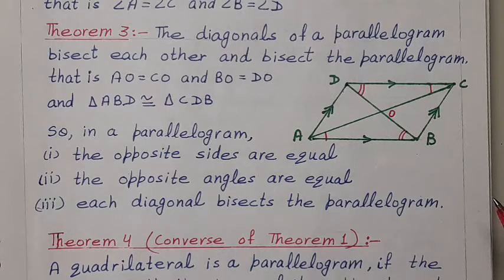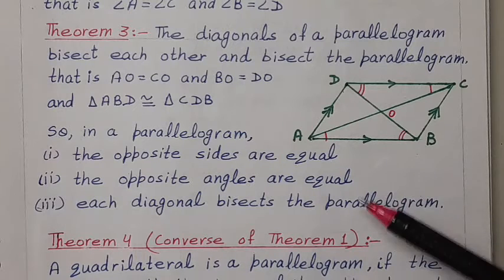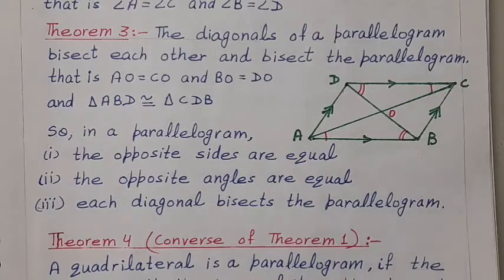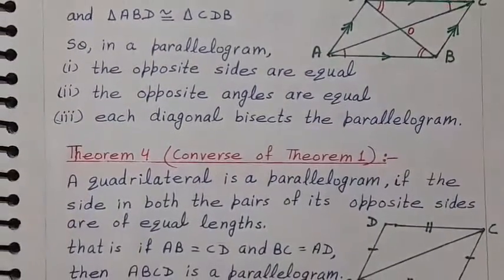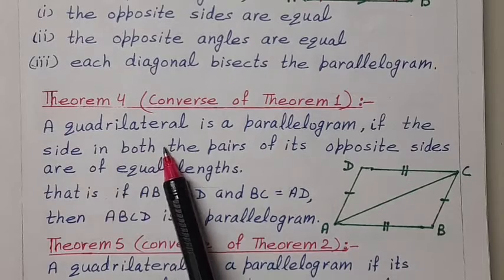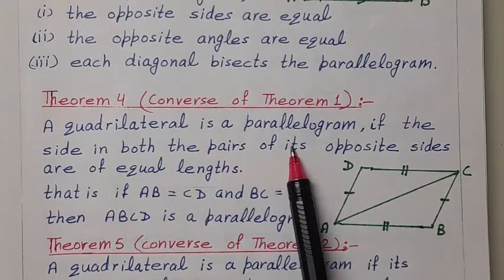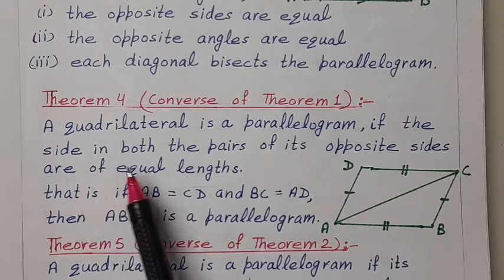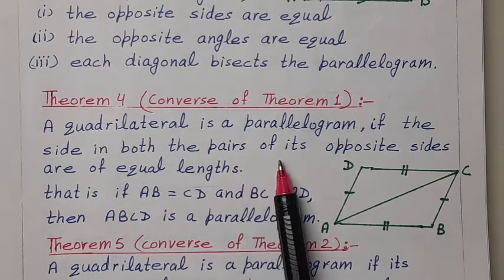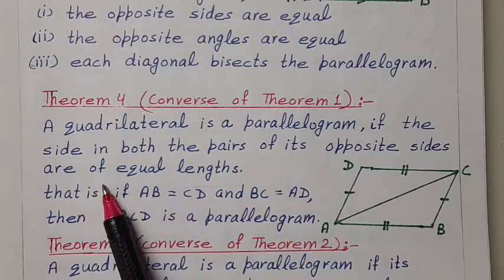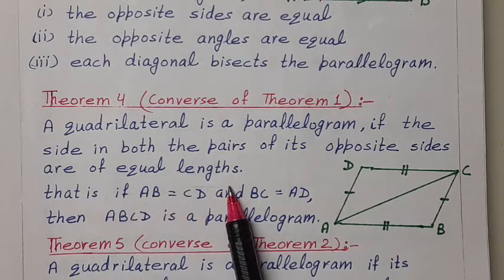Now students, let us move to the converse of all the three theorems that we have discussed. So the converse of theorem number 1 is, a quadrilateral is a parallelogram if both pairs of its opposite sides are of equal length.